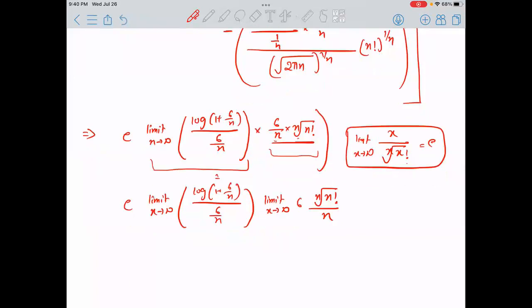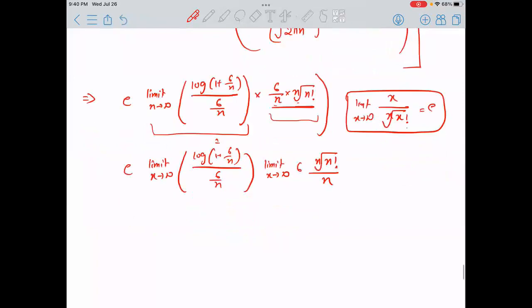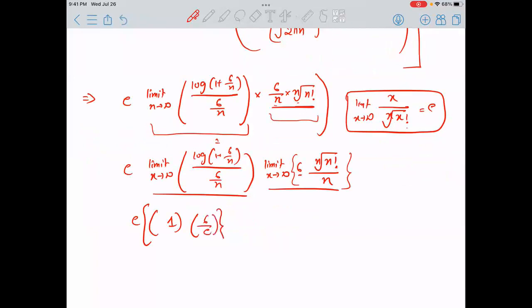So it is e into this will become 1, and then this will become 6 by 1 by e. 6 into 1 by e. Did you get this?